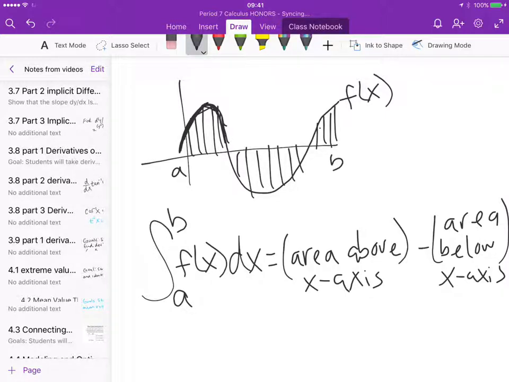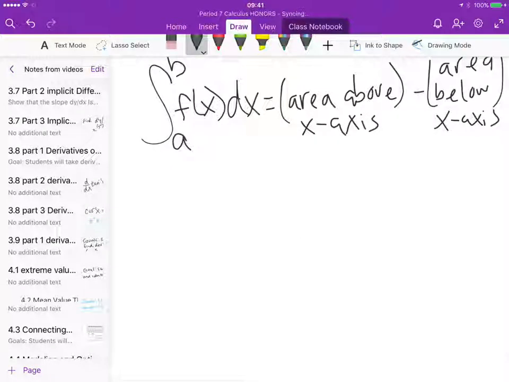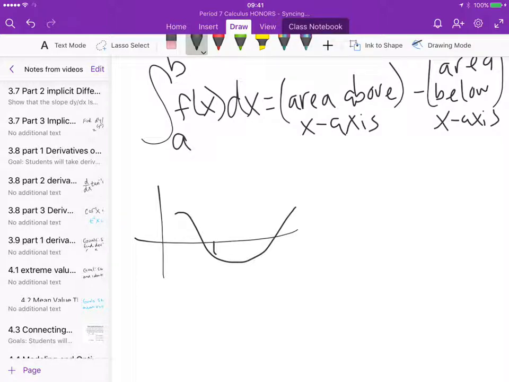All right, and then let's take one more scenario here. Let's say that I'm only concerned with a function in which all of the values for f are negative. So let's say I'm trying to find the area of something that looks more like this, and I only care about this area that's happening right here because all of these values for f of x in that particular region, a to b, are less than or equal to 0 in this case.